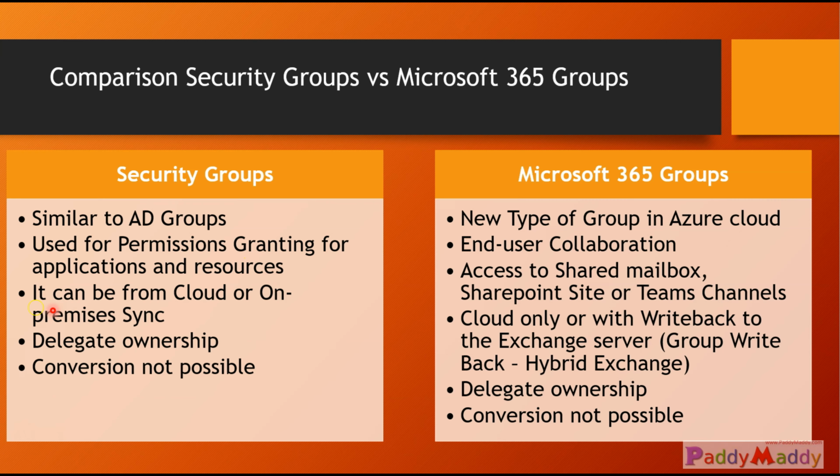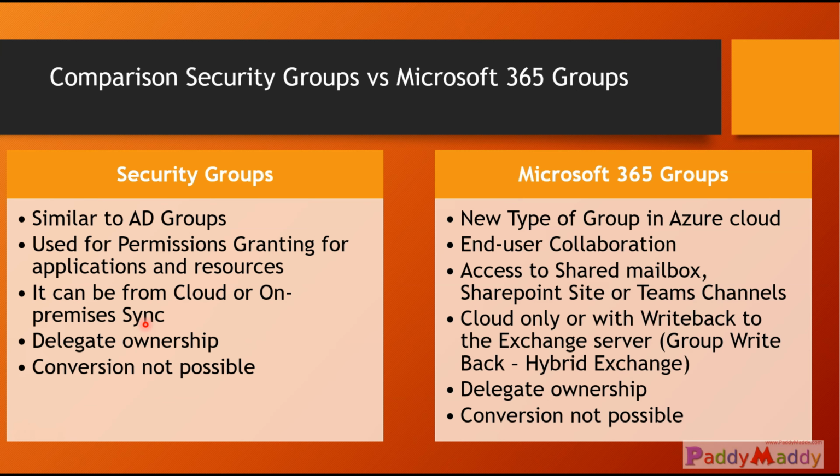And it can be managed directly from your cloud. Objects can be managed fully from a cloud. If it is the object getting synced from your on premises, it has to be managed from your on-prem Active Directory, meaning the source of that security group is the key. From wherever it is coming, like on-prem, then you would manage from on-prem.